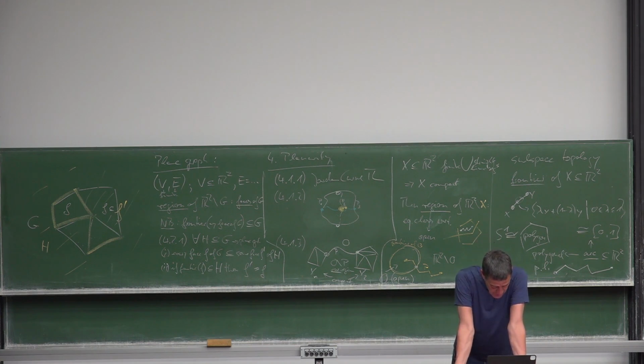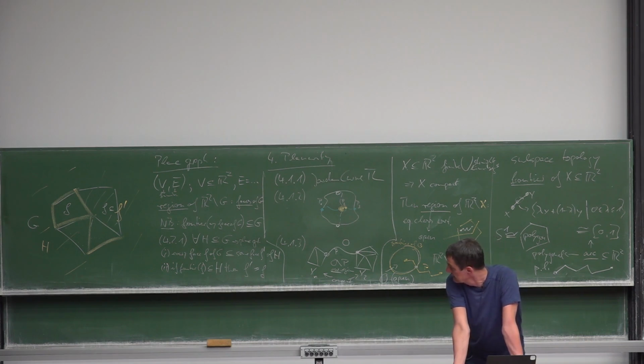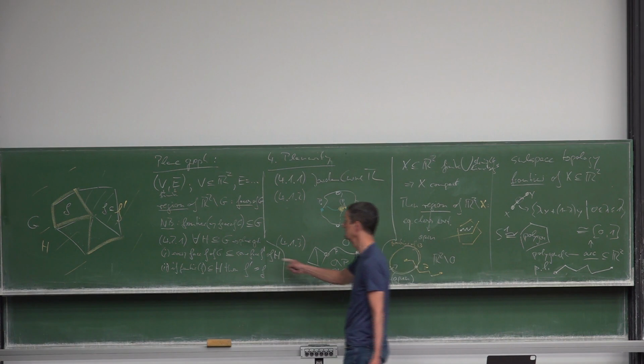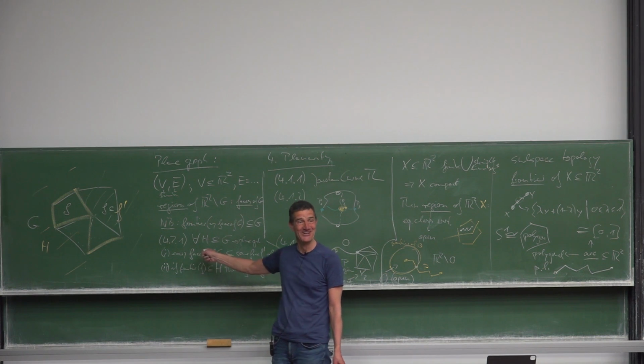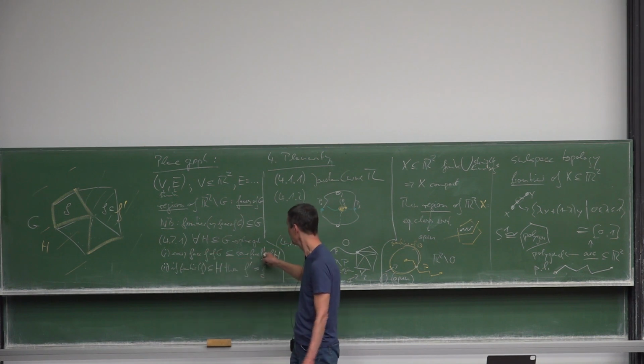Okay, that's all I want to say. So I showed you a proof of the first statement. That's easy, right? No, I haven't shown you a proof, but it's still easy. So why is there a face F prime?